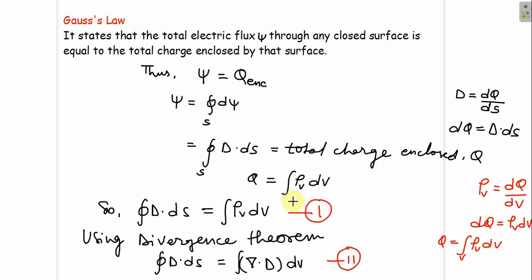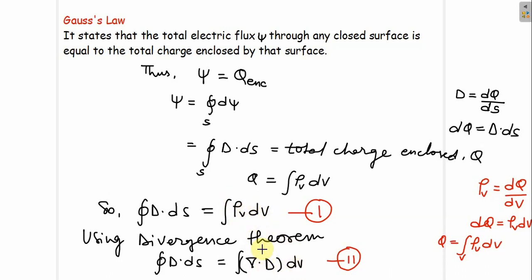So now comparing equation 1 and equation 2. On the LHS it is D dot ds, and on the RHS it is also a volume integral, and this is also a volume integral in both the equations.